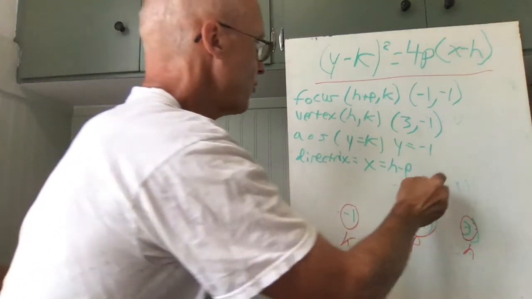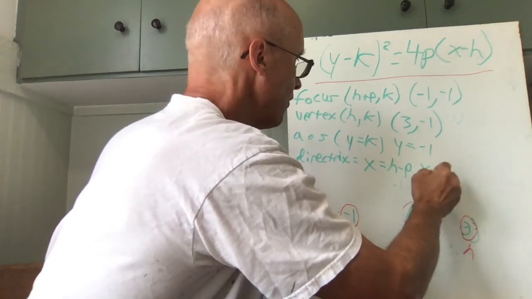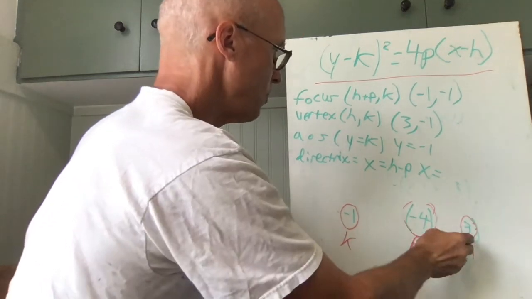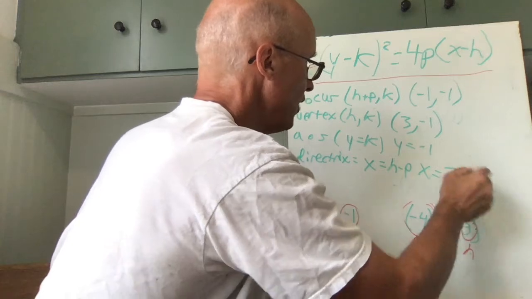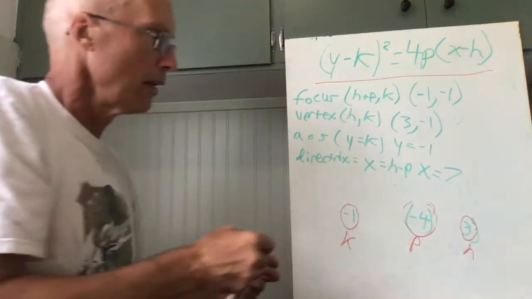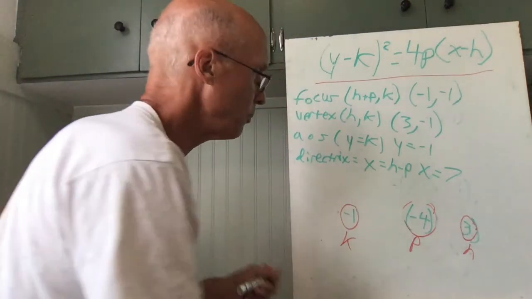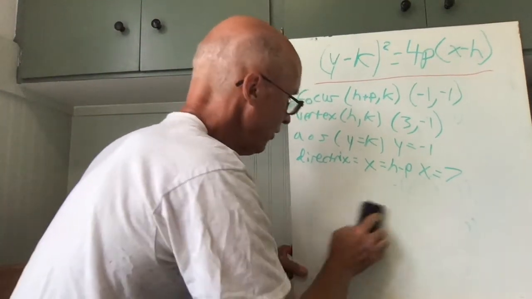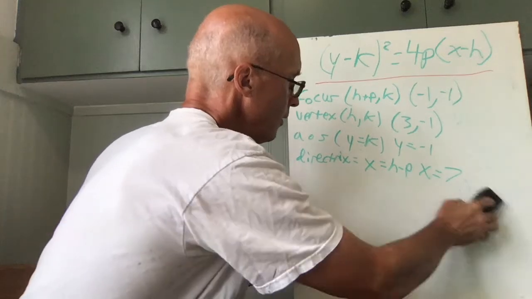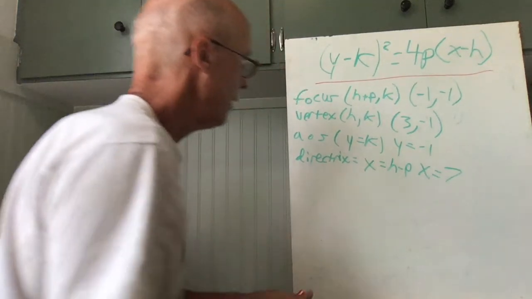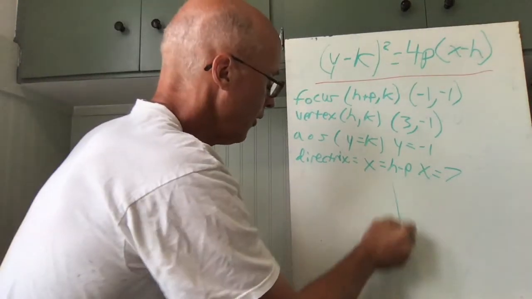The directrix is going to be x equals h minus p, so that's going to be 7, right? Okay, I hope this isn't too messy for you. At this point, we can discard all this. And then we're just going to sketch this in as a graph.